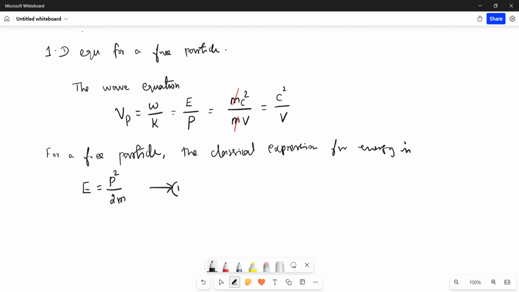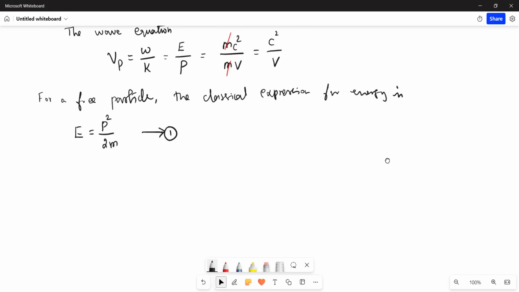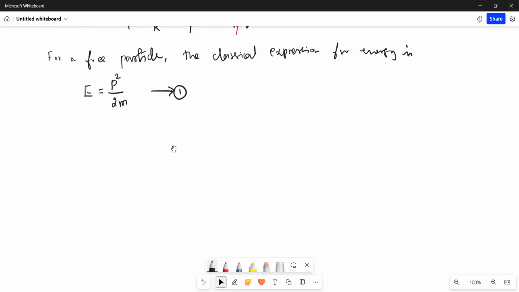This is the general one, which we derived classically. Now here we need to replace the momentum. Actually, here we are talking about one dimension, so we can put Px. Take this equation now as the first one: energy is equivalent to Px squared by 2m.